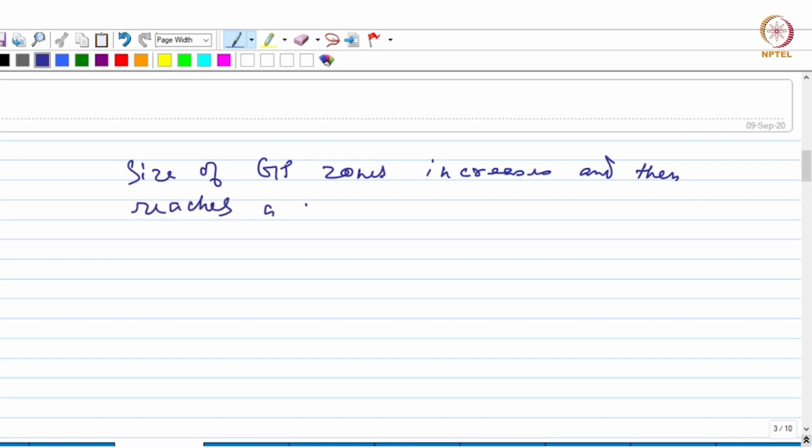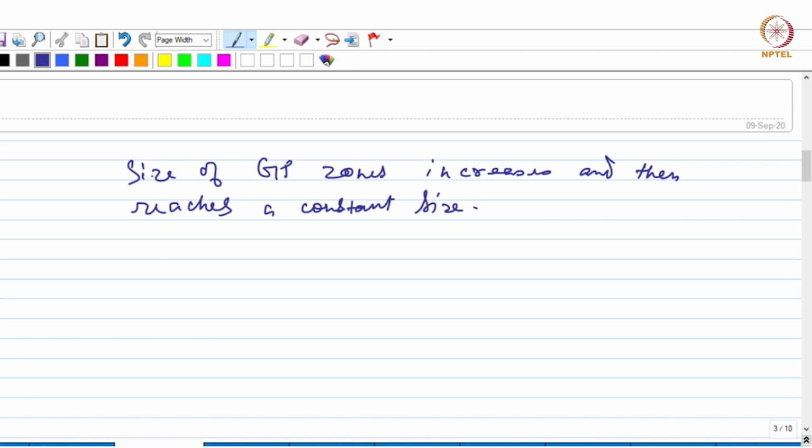As the aging progresses, the size of the GP zones will increase, and then it will reach a constant size after a while. The size depends on the aging temperature.